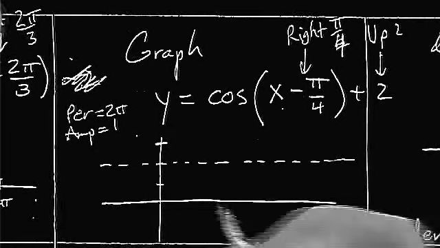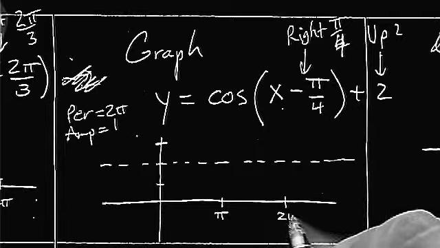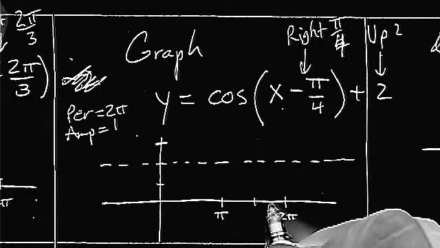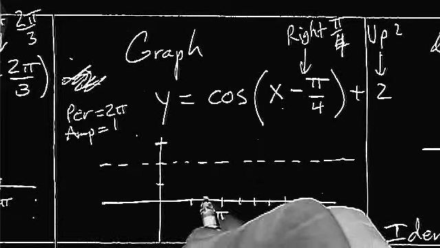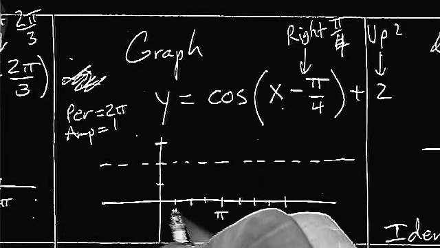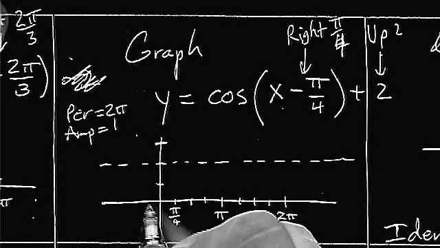But we do need to think about, okay, so here's pi, and here's 2 pi, and we are splitting this up into 4 pieces, right? Each one of these representing a pi over 4, right? Pi over 4, 2 pi over 4, 3 pi over 4, and so on.